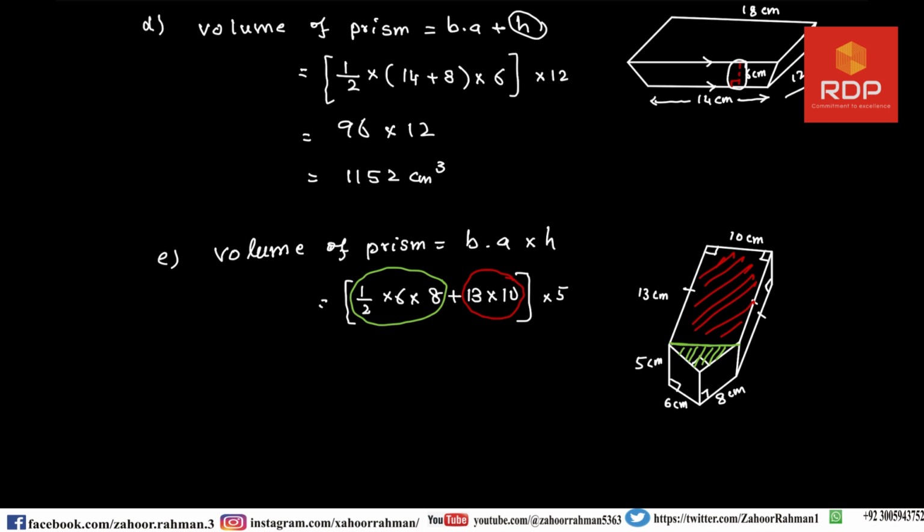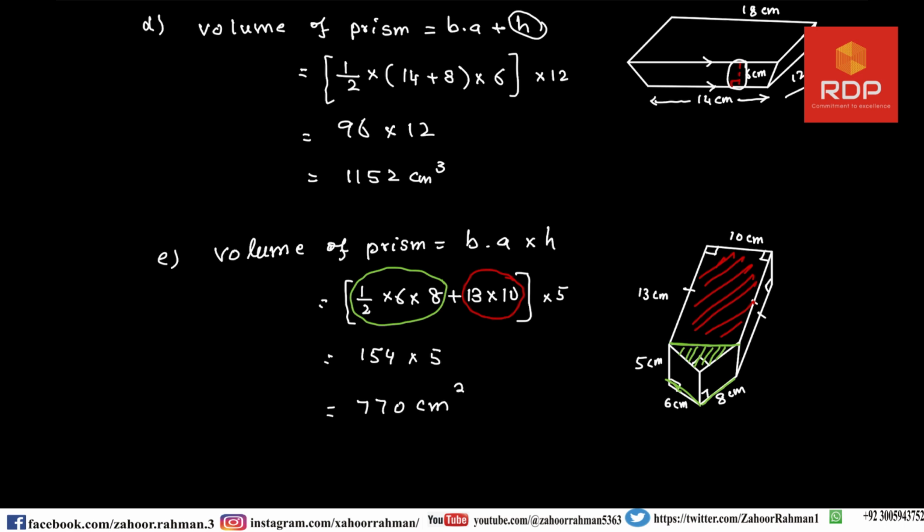This is the height because it is 90 degrees, and then this 6 is the base. So one is the base because this is a right angle triangle. So when we calculate these things, we will get 154 multiplied by 5, and that is equal to 770 centimeter cube.